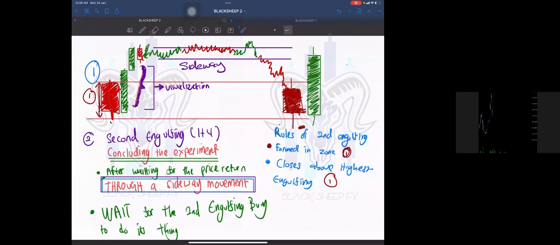I'm not asking why the sideways is important for that matter. My question was, why was the sideways important before the engulfing number 2 happened? Accumulating period. What is all this? Never mind.